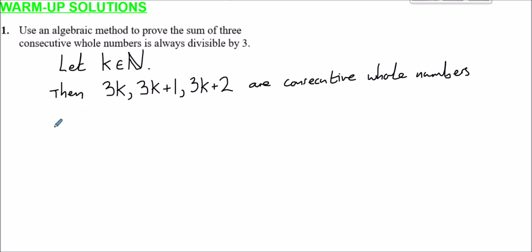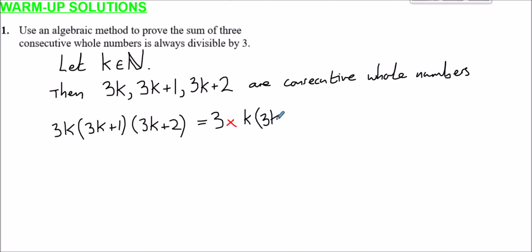The product of them is going to be 3k multiplied by 3k plus 1 multiplied by 3k plus 2. So if I just write this explicitly as a multiple of 3, I can say this is 3 multiplied by k, 3k plus 1, 3k plus 2.